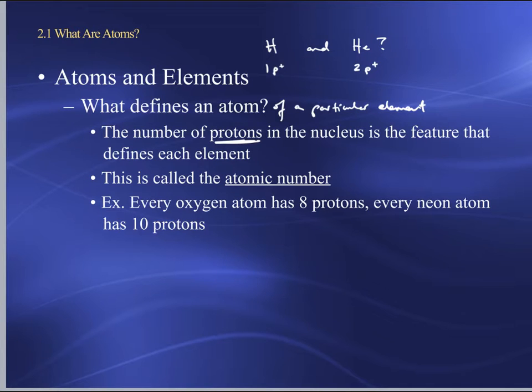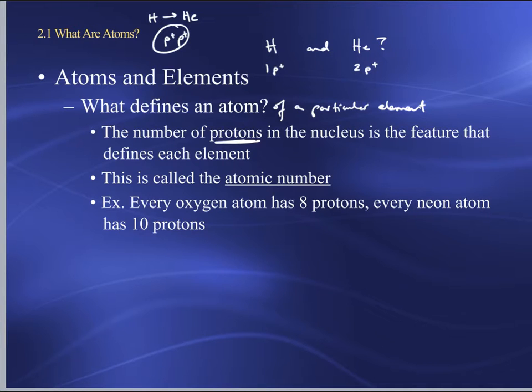That's the difference. If you had a hydrogen nucleus, which is just a single proton, and we add in another proton to that, it no longer behaves as hydrogen. We just change it from hydrogen to helium. That's actually what the sun's doing. It's generating helium by fusing together hydrogen nuclei. Anyways, the number of protons tells you what element it is.